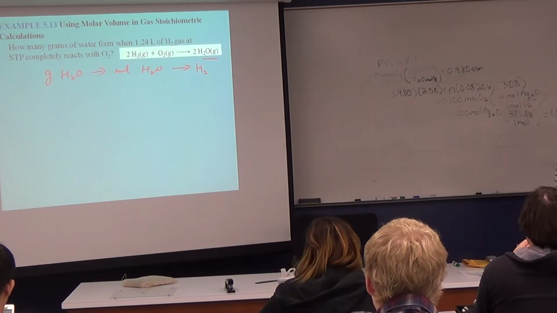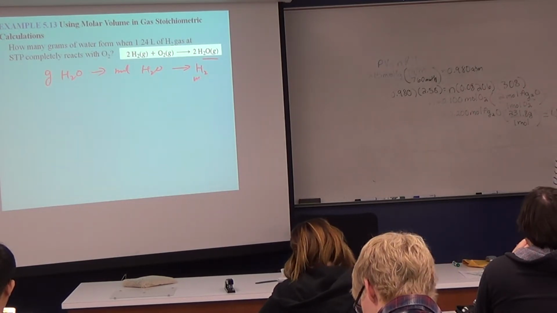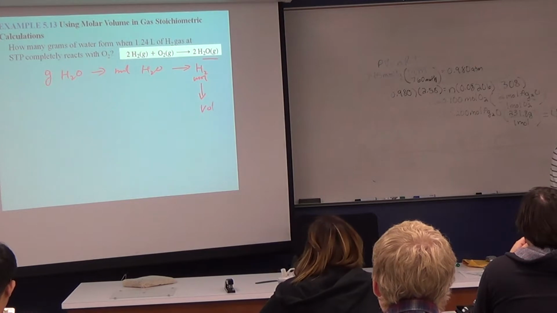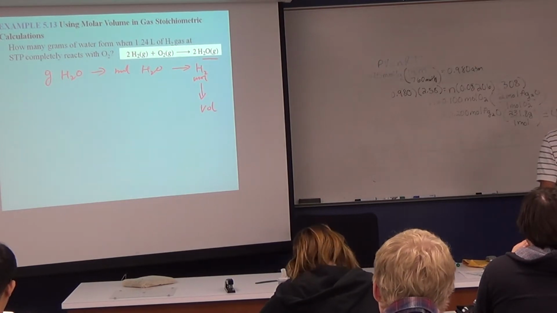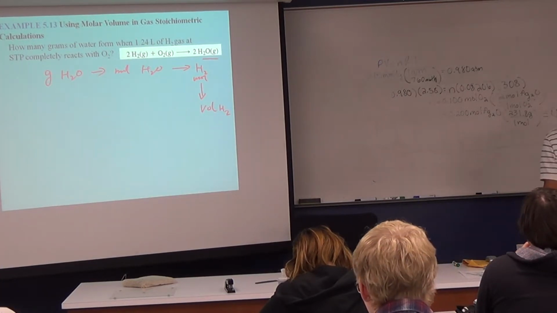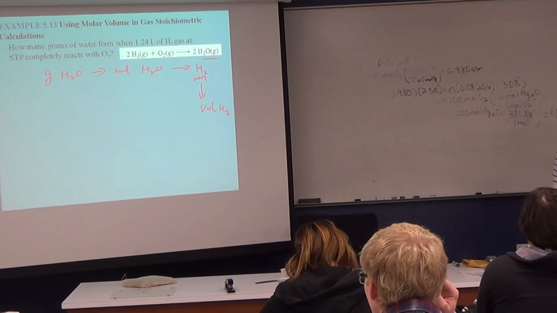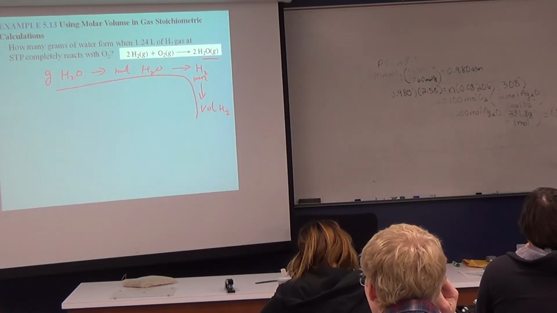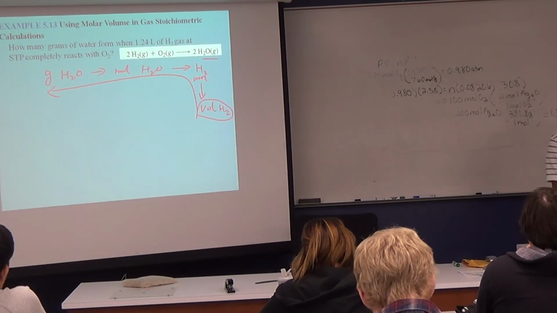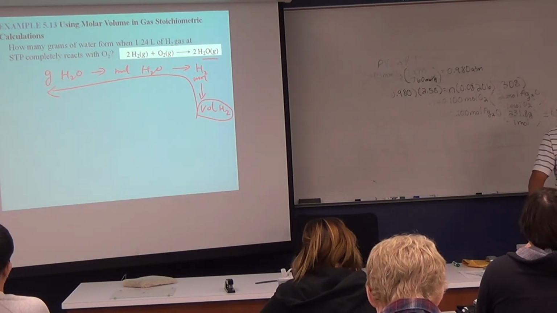Just do the reverse. This will be the moles, and you can get the moles of H2 from the volume of H2. Now let's go forward, starting from this one, all the way to the grams of H2O.